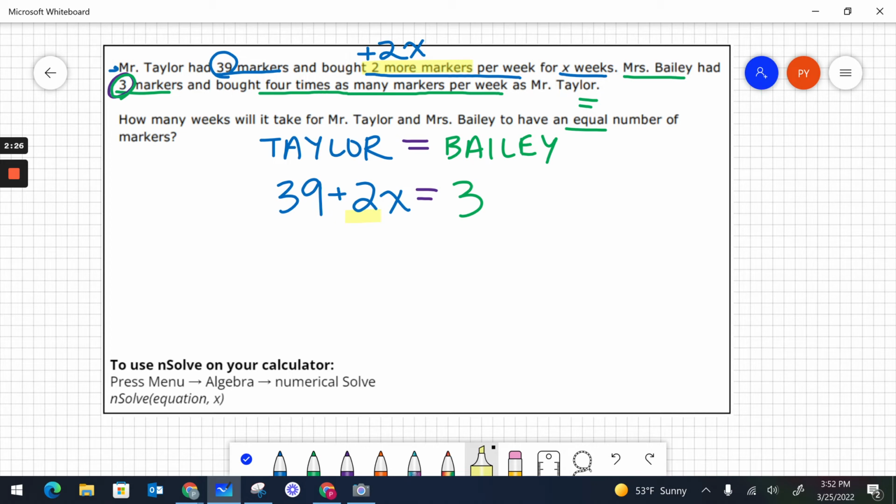So if Mrs. Bailey is doing 4 times as much as that, she's doing 4 times 2, because Mr. Taylor buys 2. So 4 times 2 is 8. So that means Mrs. Bailey is adding 8 markers every week.